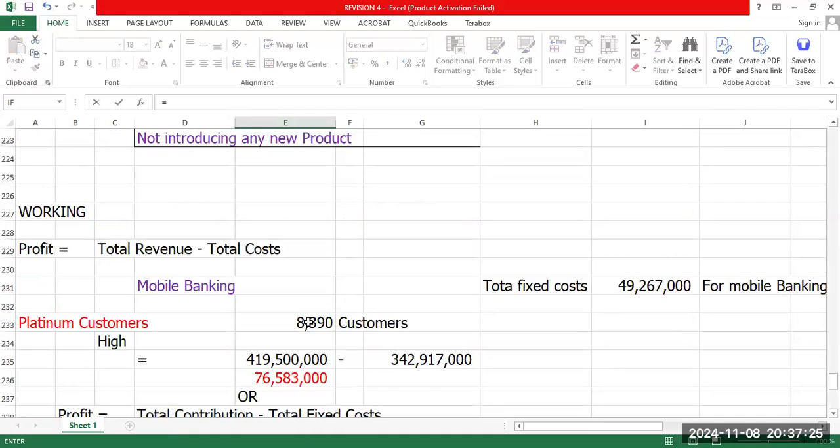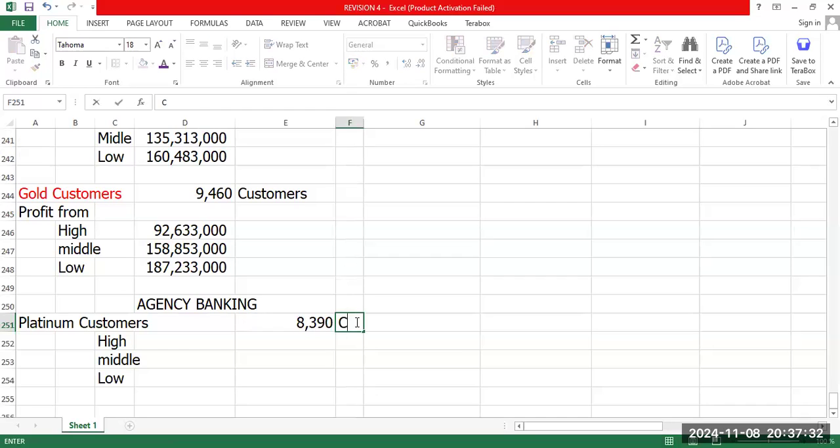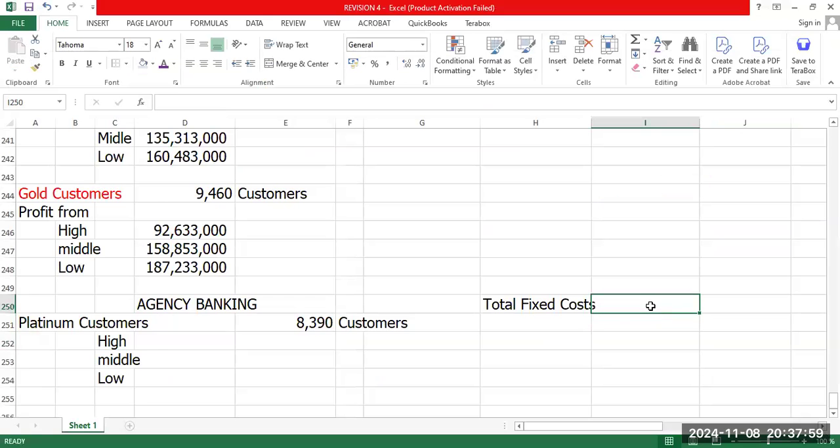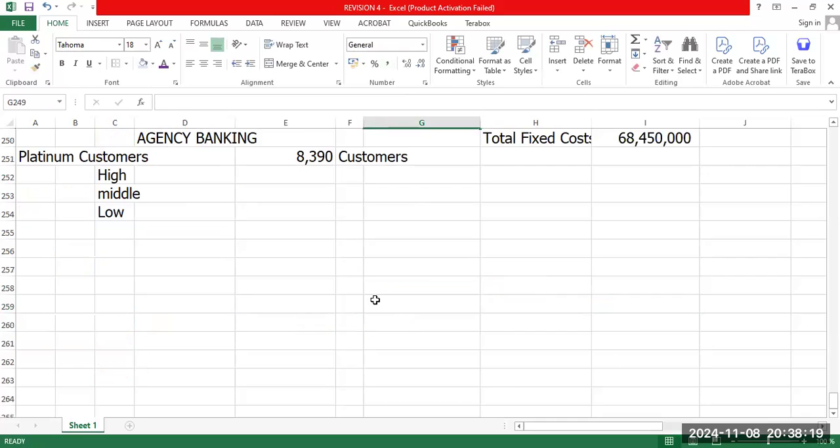These are our customers, the number will not change, but the fixed cost here for agency banking is what? 68,450. It is here. 68,450. Yes. Okay.